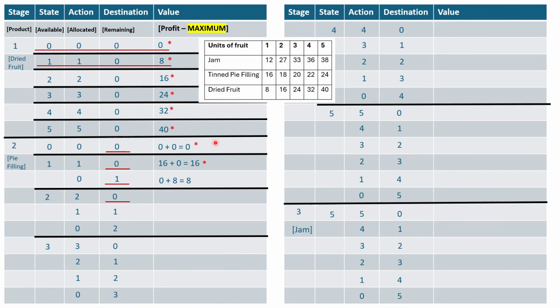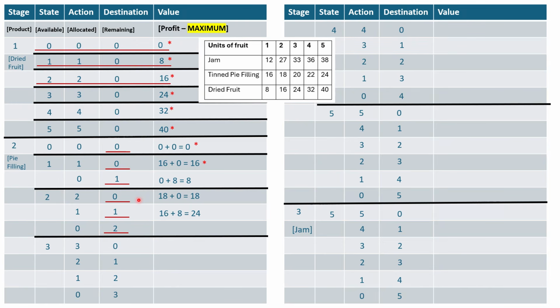So our optimal value here is our 24 in the middle. So then if we have 3 left over, we could allocate all 3. All 3 will give us a 20. That's how much we get profit-wise. And we have to take into account the 0 from our previous stage. So that's 20 plus 0. Otherwise, we have 18 plus 1 from our previous stage, which is 18 plus 8, which is 26.